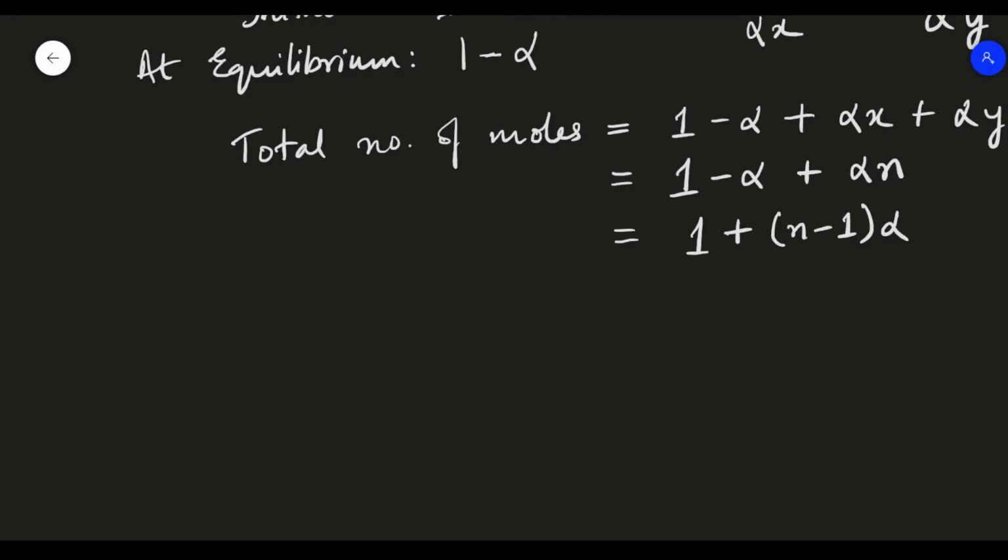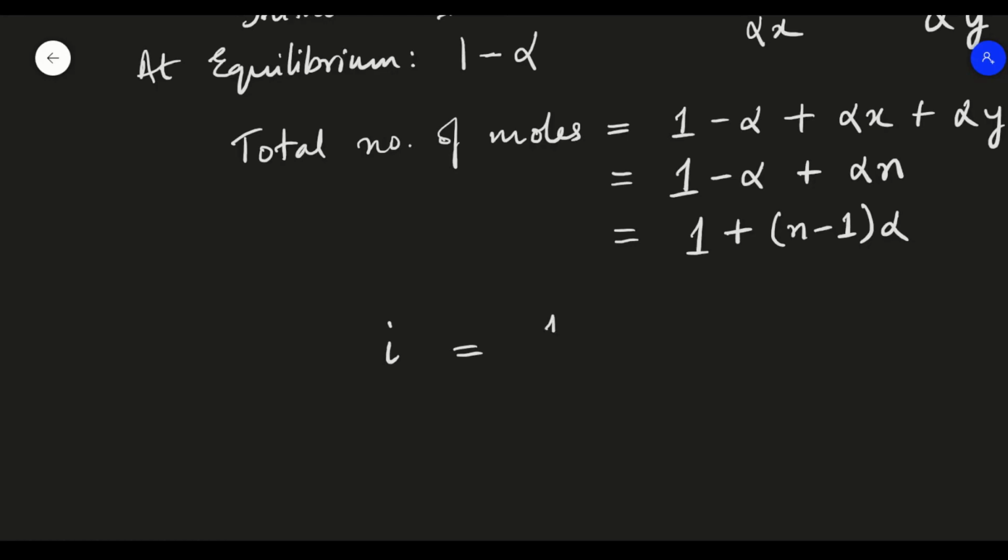Now when we talk about Van't Hoff factor i, the Van't Hoff factor i is the ratio of the observed colligative property to the theoretical value of the colligative property. So colligative property depends on the number of moles of the particles in the solution.